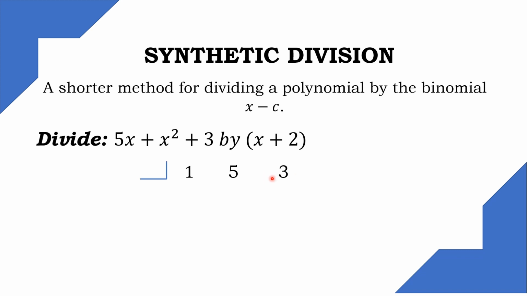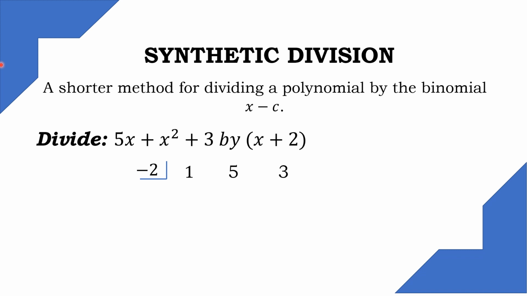So we are going to place a small box here, and then place negative 2. We have to place negative 2 because of the additive inverse in x minus c. So it means we're going to get the additive inverse of positive 2, which is negative 2.